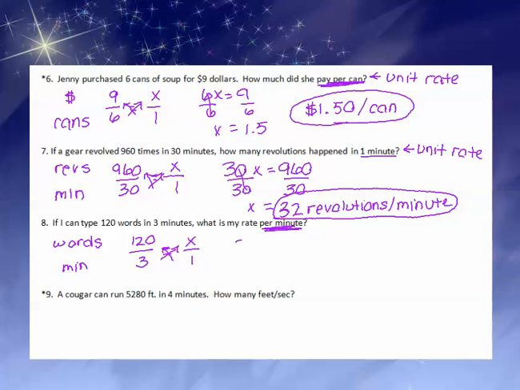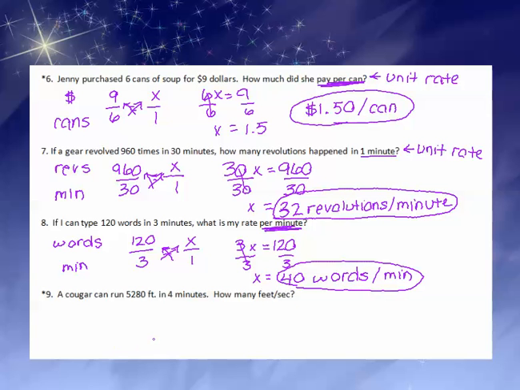Cross multiply, and I'm left with 3x is equal to 120. Divide by 3 on both sides. So x equals 40, and then my label, words per minute. That's my final answer for that one.